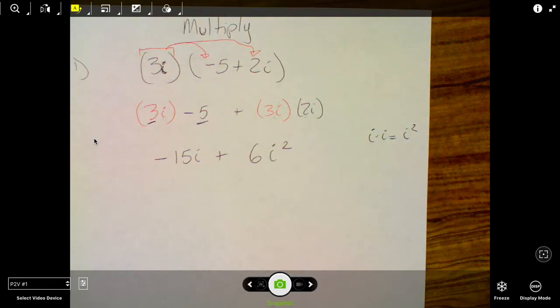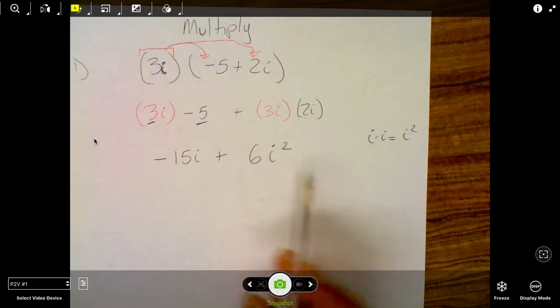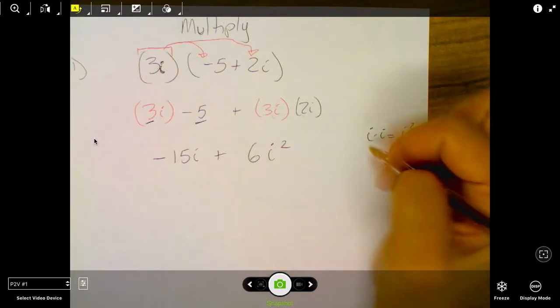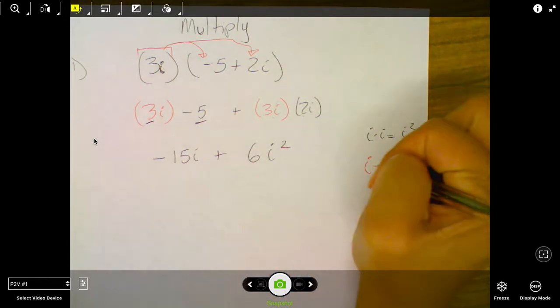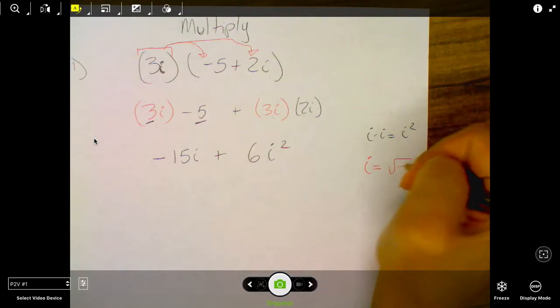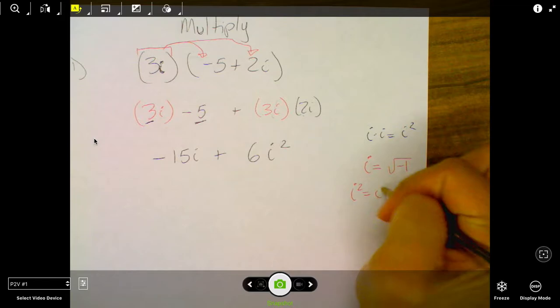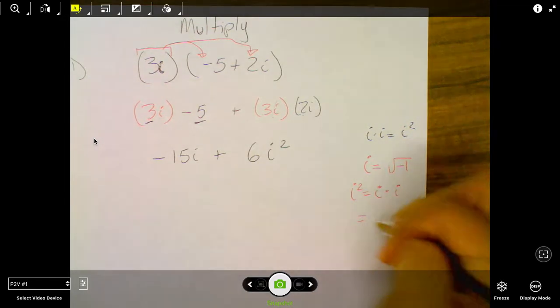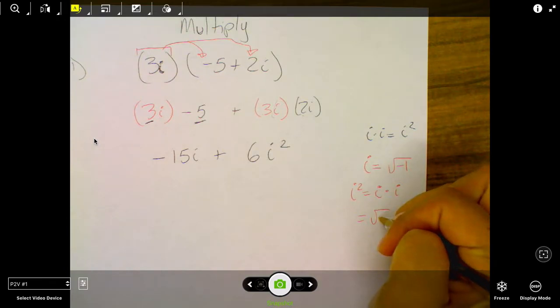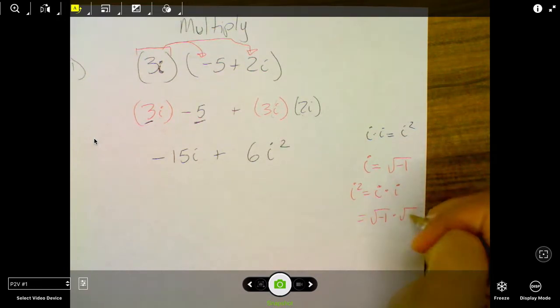What's important here to know is that because it's i squared, and we just talked about how i is the square root of -1, i squared is like saying i times i, which is like saying square root -1 times square root -1.